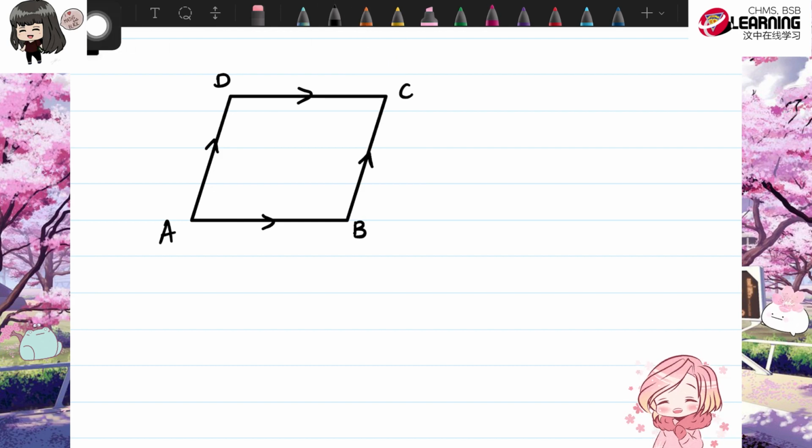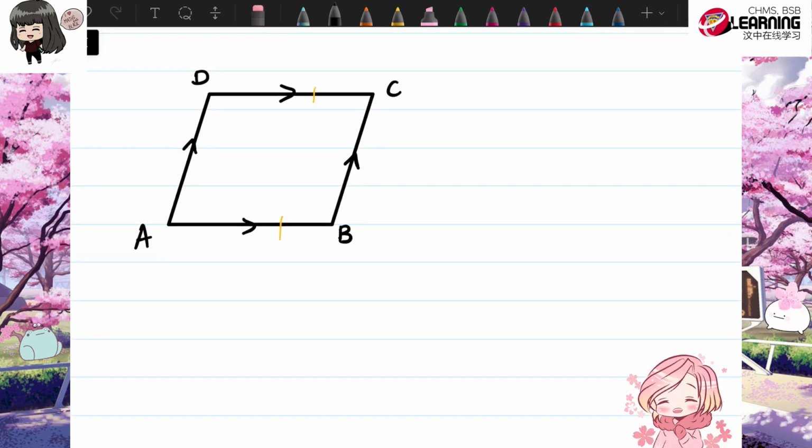So what we can conclude here is, this arrow is from A to B, this is the arrow from D to C. AB and DC have the same length, and they are parallel. So from what we can see here, we can say that the vector AB is equal to the vector DC.